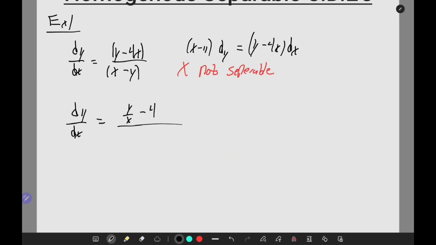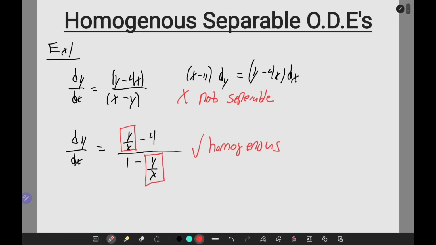We divide by x, because that would leave us with 1 minus y over x. See how I did that? Now we have y over x only in our numerator, and same for our denominator. This is what we want. So yes, it is homogeneous. We have a homogeneous equation here.